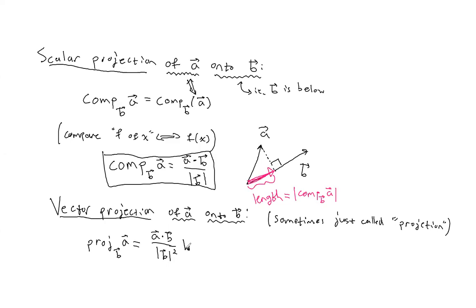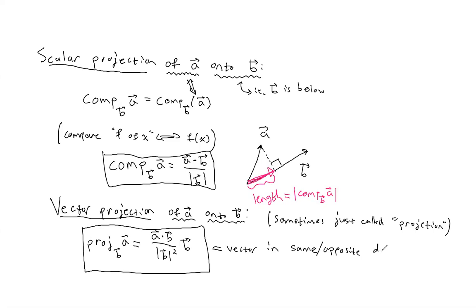Just the dot product of B with itself times B. A bit of a clunkier formula in some ways, but essentially what it comes down to is the vector in either the same or opposite direction as B, the length is given by the magnitude of comp A onto B. And it's the same direction if A dot B is positive, and the opposite direction if A dot B is negative.